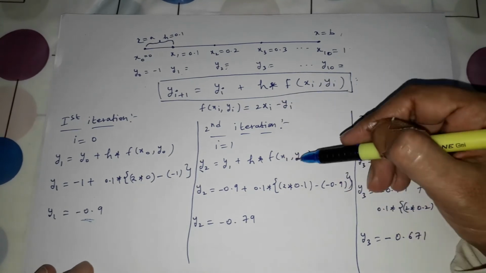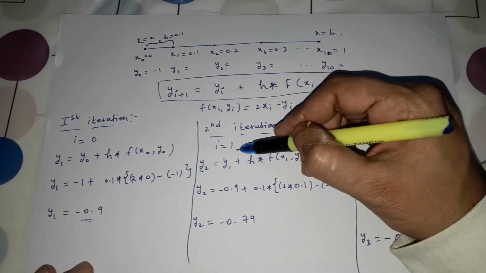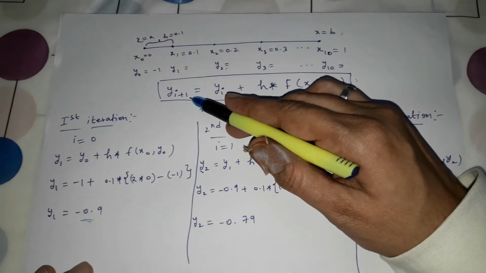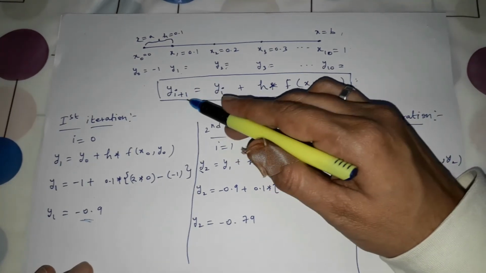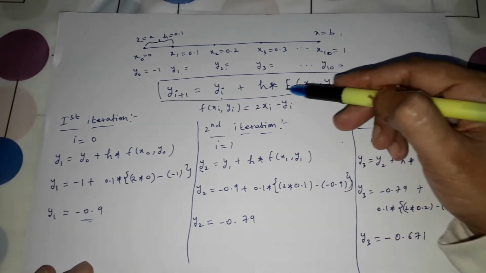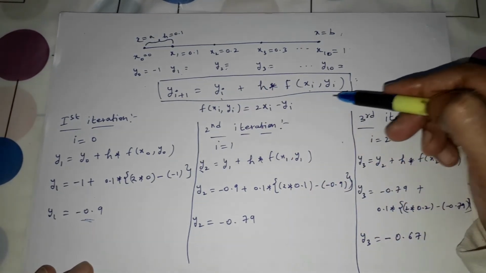Okay, so in the second iteration, substitute i is equal to 1. So when you substitute i is equal to 1, you will get y(1+1), y2, is equal to y1 plus h times f of x1 comma y1.